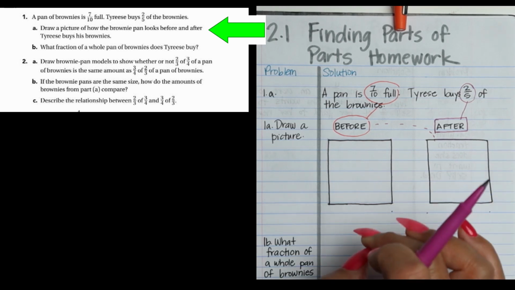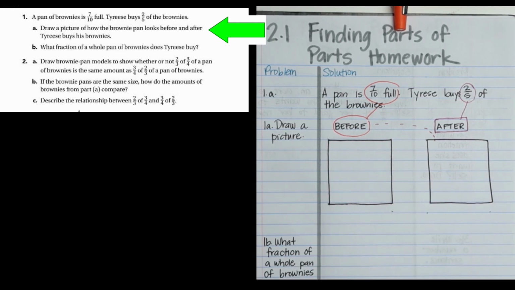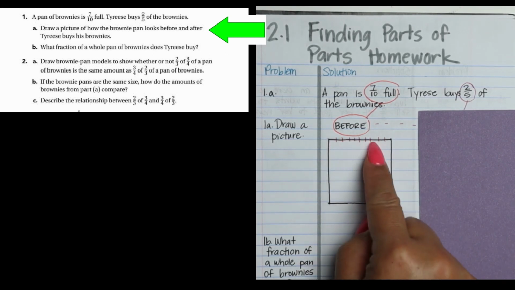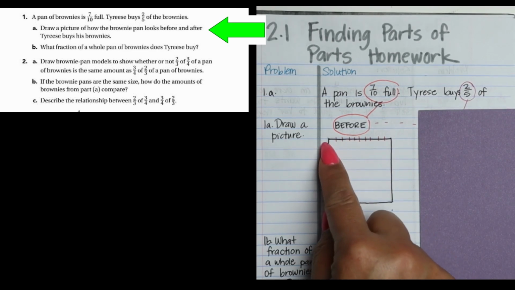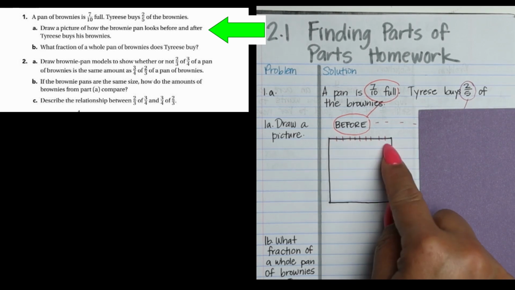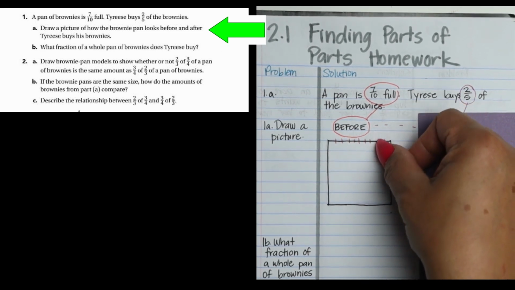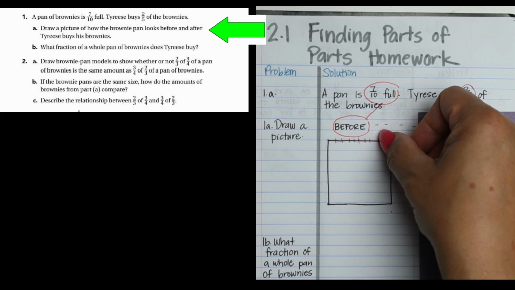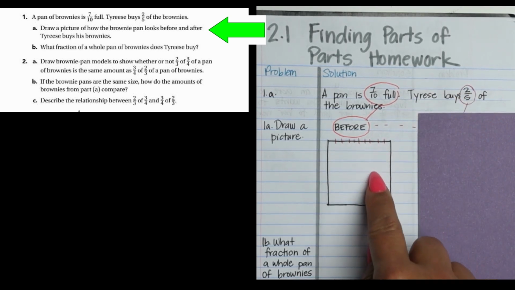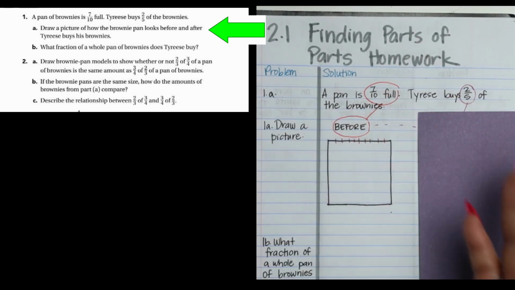So let me give you just a hint. Okay, boys and girls, for homework, I don't give you the entire problem, but I will give you some helpful hints. The before is 7/10. Just like on a number line, I marked all the intervals from 0 to 10. I would draw the lines of 7/10 down. I would mark where 7/10 is and then shade that in.